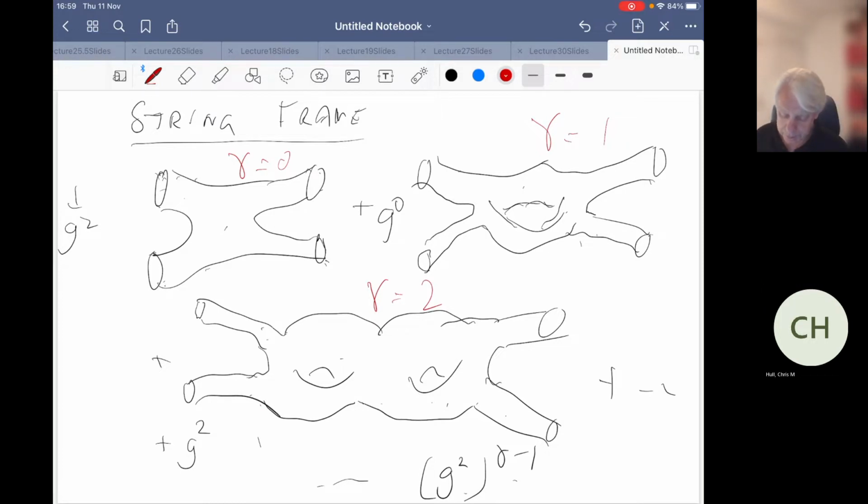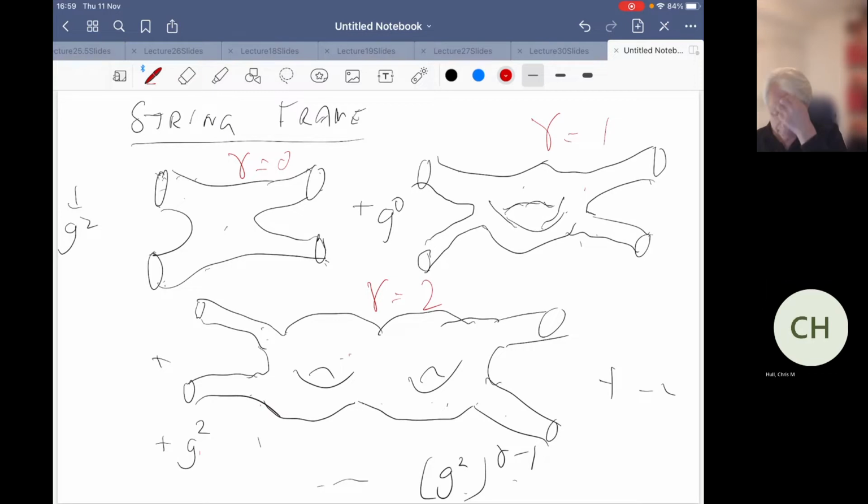So in this picture, we sum over all surfaces. We get an expansion in g depending on the genus of the surfaces, and as a result, we get a picture for the perturbation theory for the expansion for the scattering amplitudes of string theory.